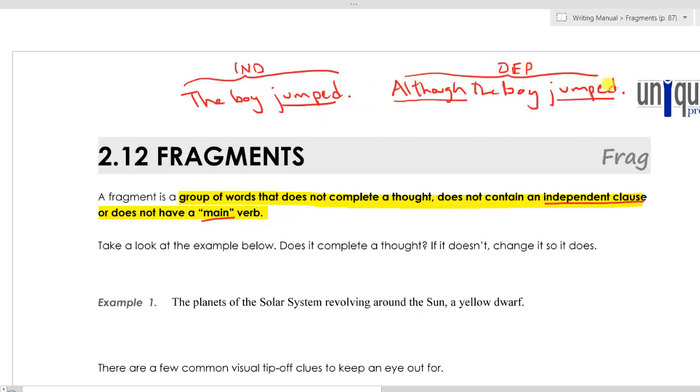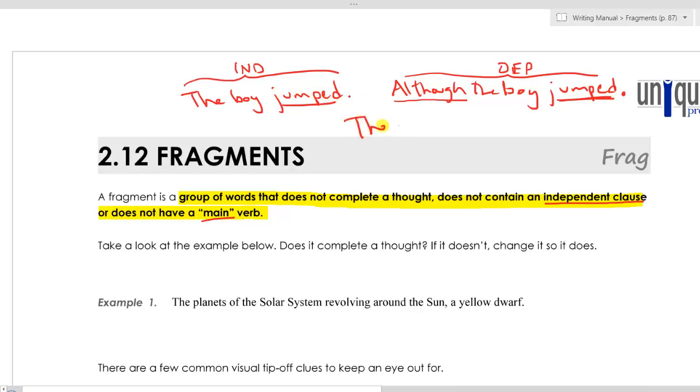If I put a period after this dependent clause and move on to my next sentence, what I have done is I have created a fragment. I have created a group of words that doesn't complete a thought. I have created a group of words that has a verb in it, but that verb cannot be my main verb because it is not part of an independent clause.